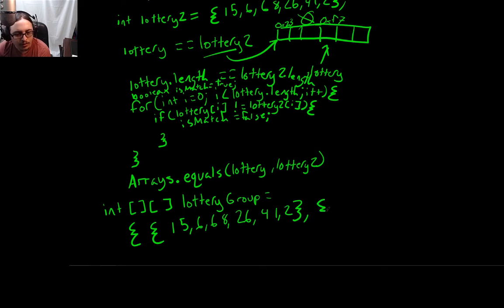And then we'll do another selection of, let's say, 65, 35, 45, 46, 47, 1. And then we can even do another one.